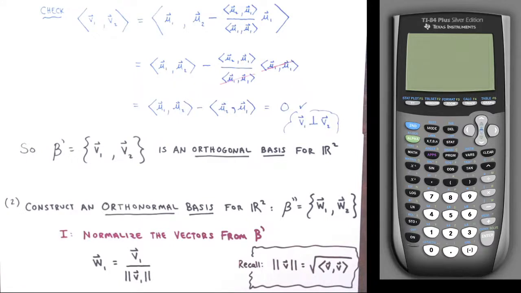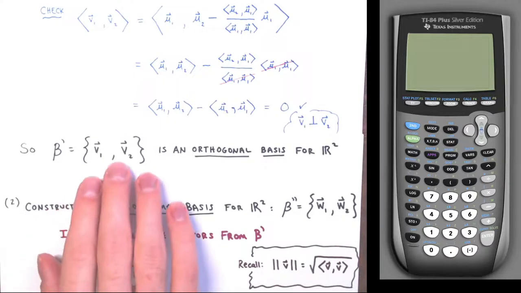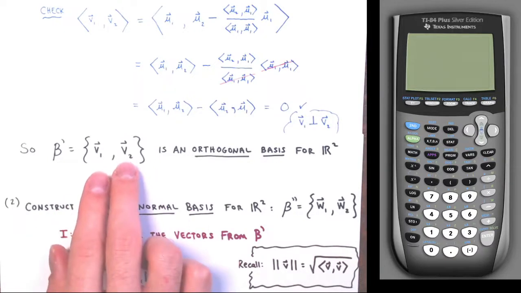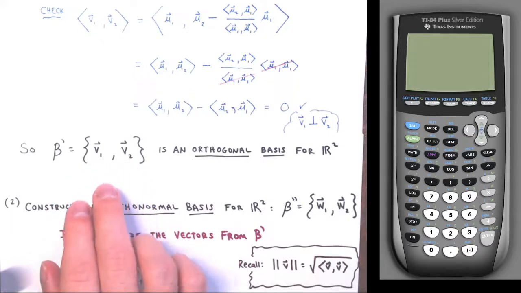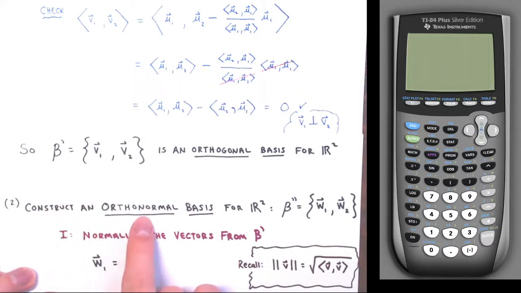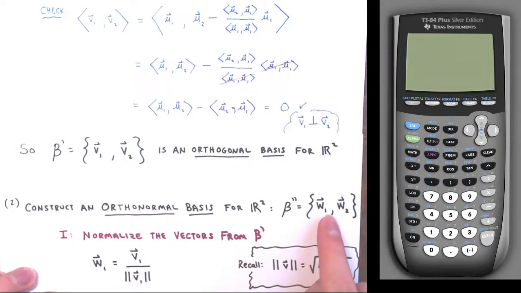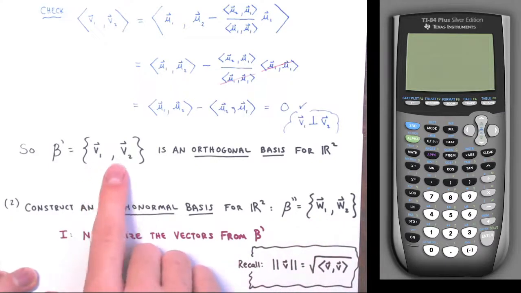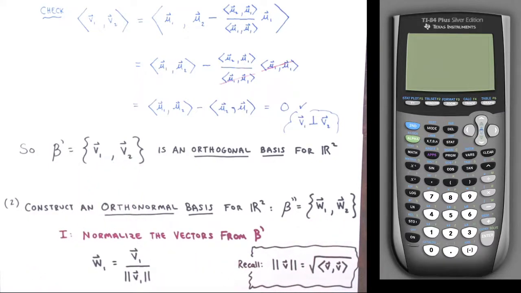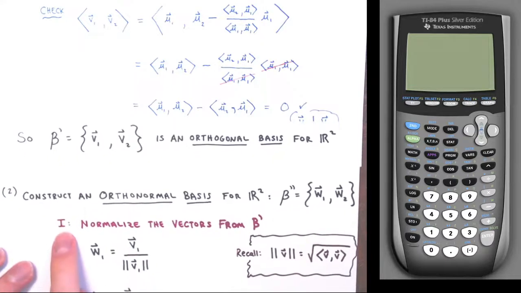All right, and as you've probably seen in earlier videos of mine related to this, when the word orthogonal shows up, the word orthonormal isn't far behind. If you have a set of vectors that's orthogonal, like b prime here, to construct an orthonormal basis for R2, say b double prime equals w1 and w2, just normalize the vectors from your orthogonal basis. That's the only step here.